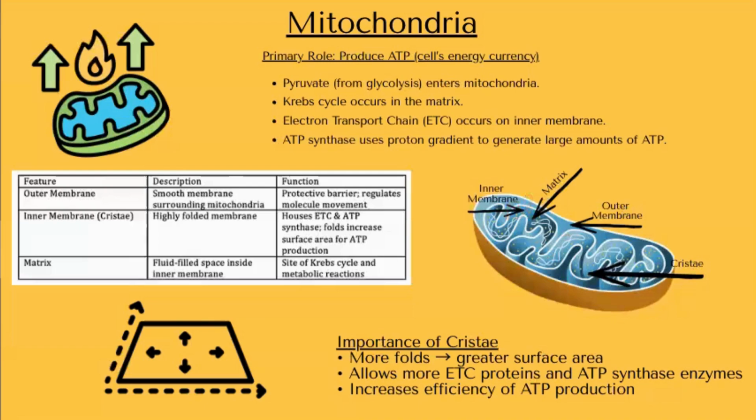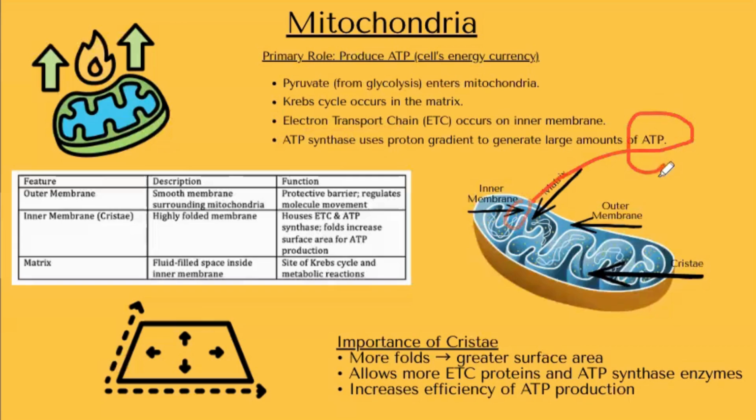And then in that inner membrane, afterwards, the ATP synthase, which is an enzyme, the way you would remember that is, remember in Unit 1, we talked about ASE endings and understanding that that is a clue indicator to let you know that that's an enzyme. Well, it uses what's called a proton gradient to basically generate that large amount of ATP. So in the electron transfer chain, that final process, which occurs in that inner membrane, you are generating that high amount of ATP.